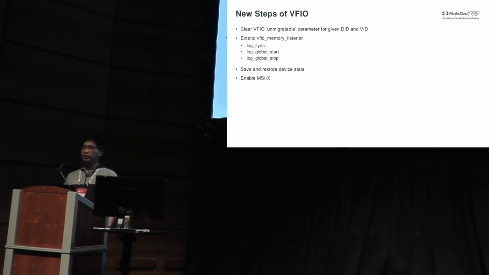The VFIO module introduced an unmigratable parameter. It is always set, but to enable live migration with a pass-through device, we should clear the VFIO unmigratable parameter for a given device ID and vendor ID. In my topic, it's the specific virtio hardware device ID and vendor ID.